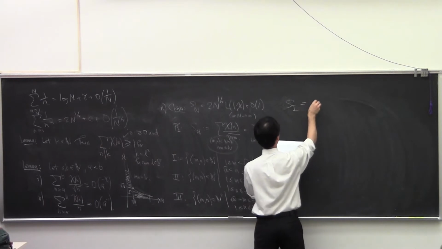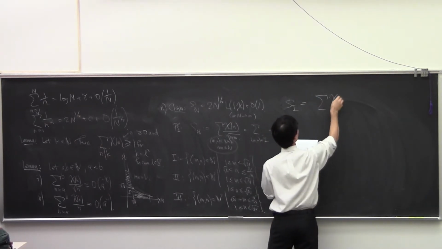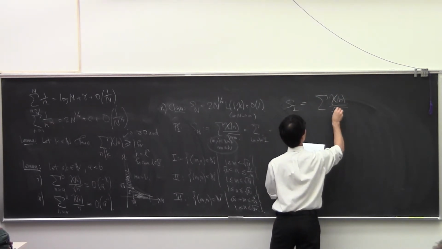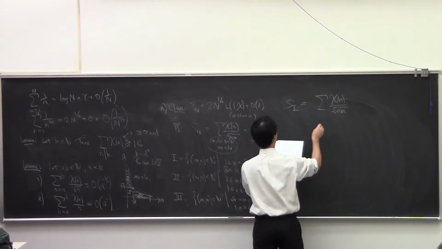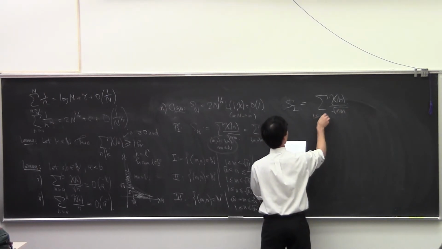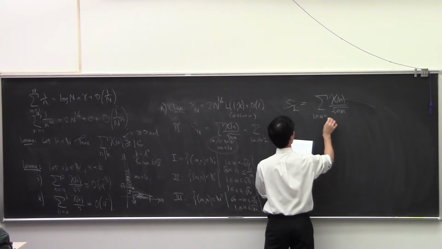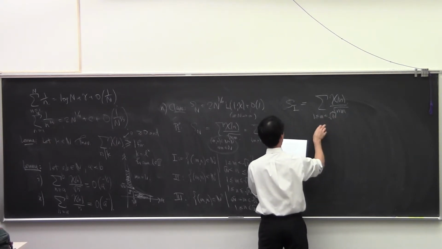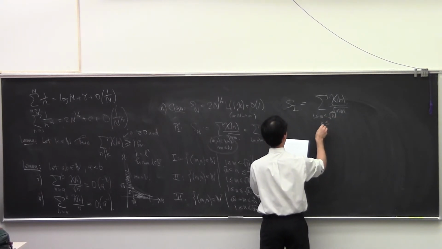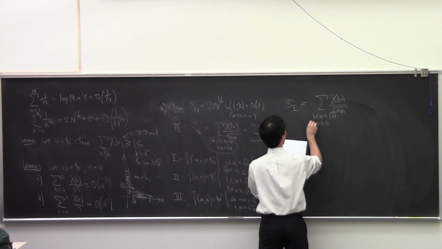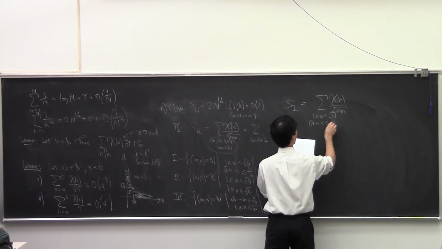This is the sum of chi(m) over m, n, where m goes from 1 to root N, and n goes from root N to N over m.